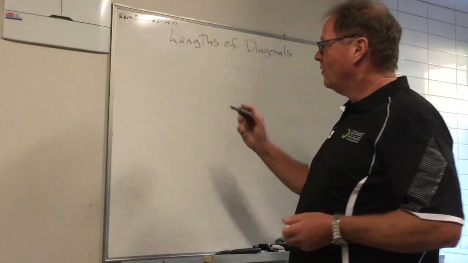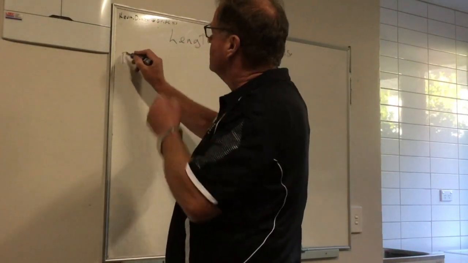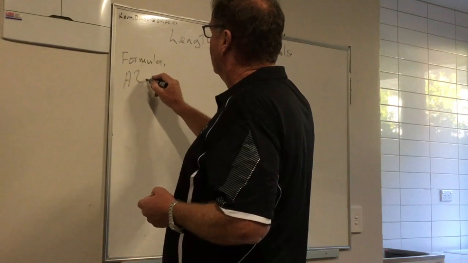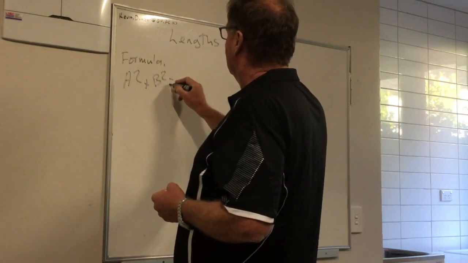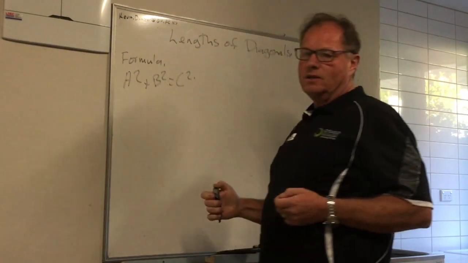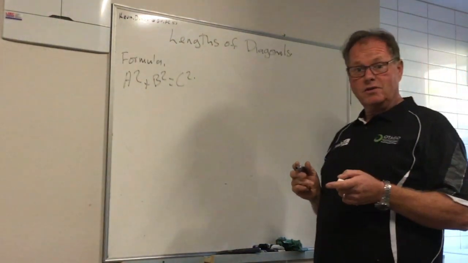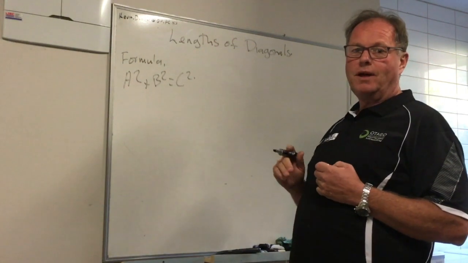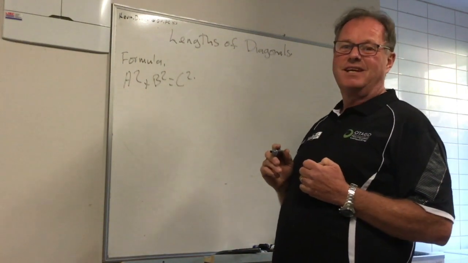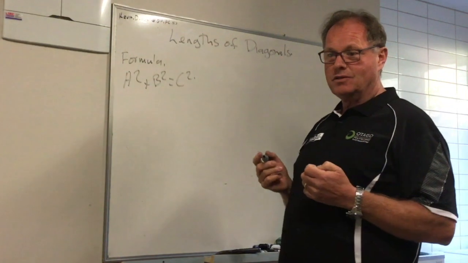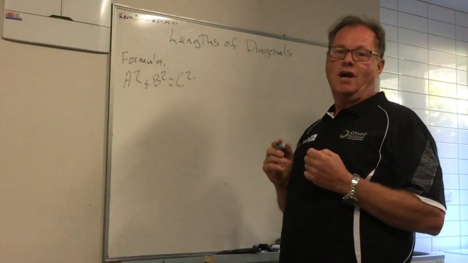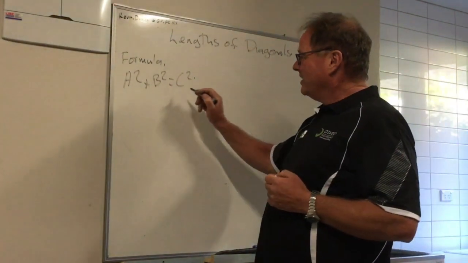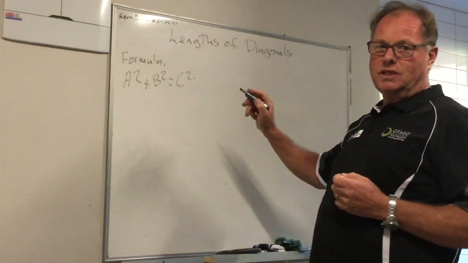So once again, we've got a formula, and our formula was a squared plus b squared equals c squared. Now this formula was done by a guy called Pythagoras. Pythagoras is an old Greek mathematician from way long ago, about 500 BC, which is currently we're in 2020, so it's 2,500 years ago was this Greek mathematician, and he came up with this formula, a squared plus b squared equals c squared.